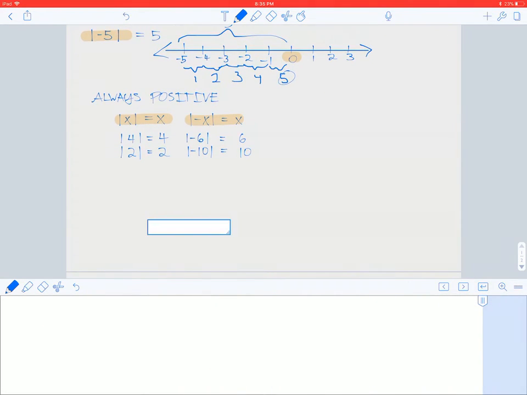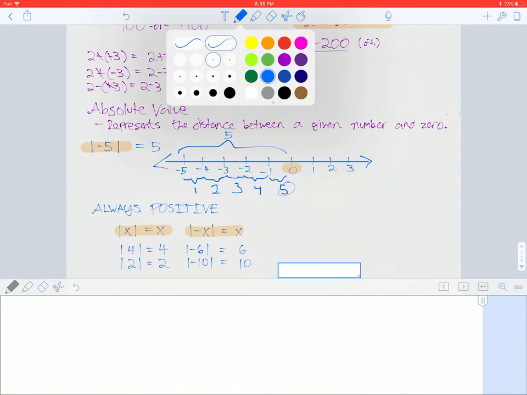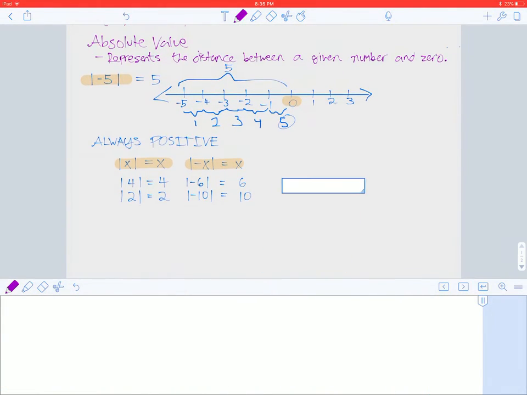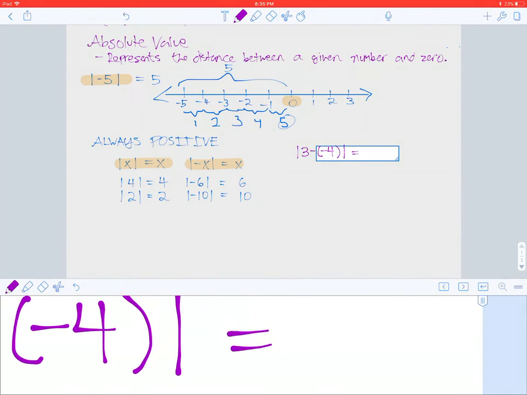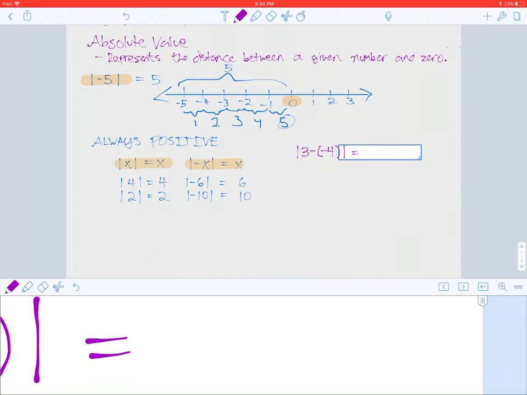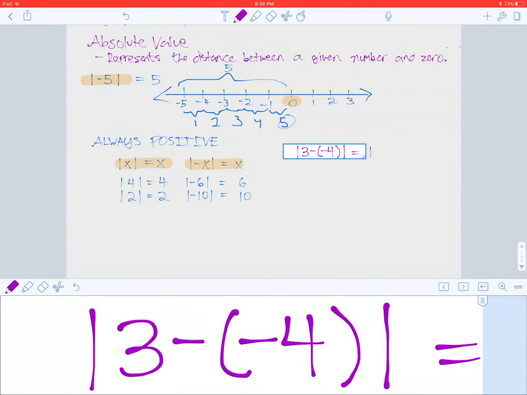So let's look at some evaluations. What if we have something like the absolute value of 3 minus negative 4? This one's a little bit more complicated. Well, remember what I said earlier, that if there are two negatives, they're going to cancel out.